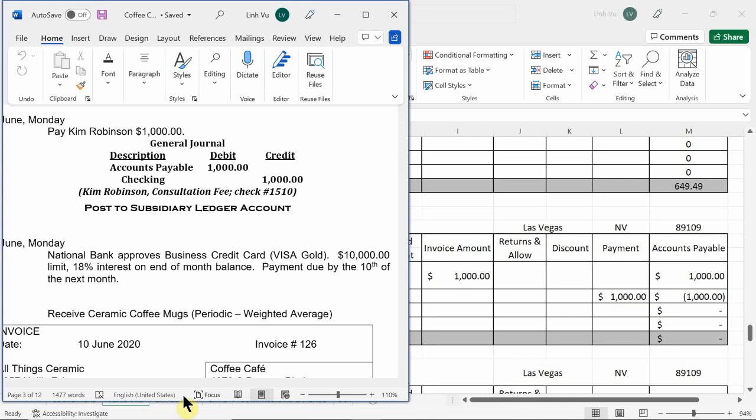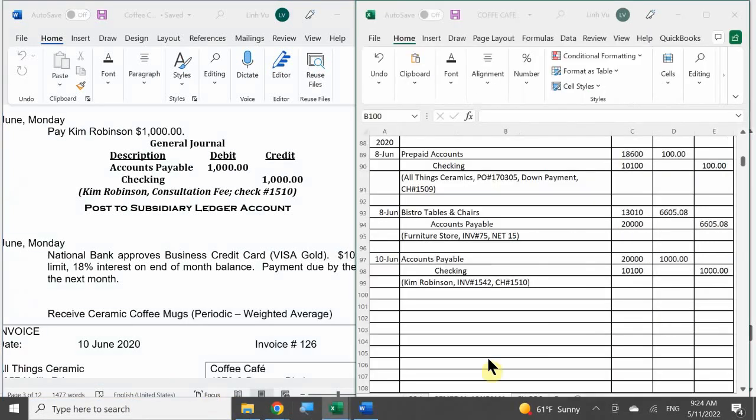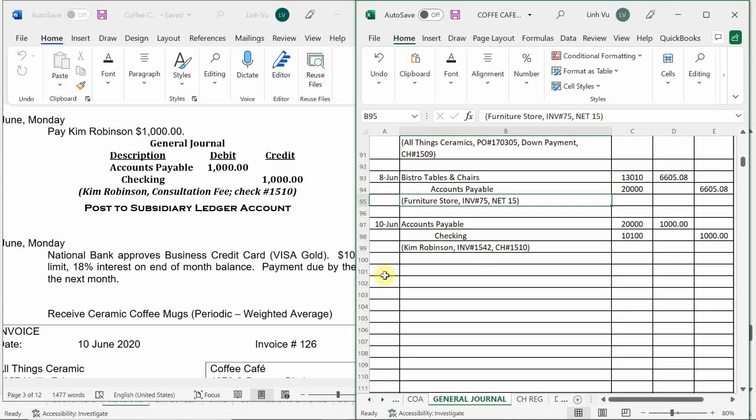So what do I do with this transaction here? We would record it for a bank loan, but this isn't a bank loan. It's business credit. Do we have a business credit card account?